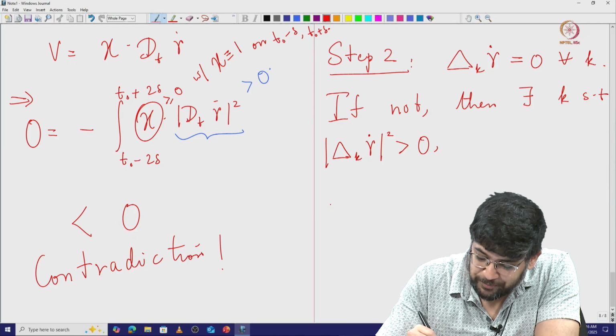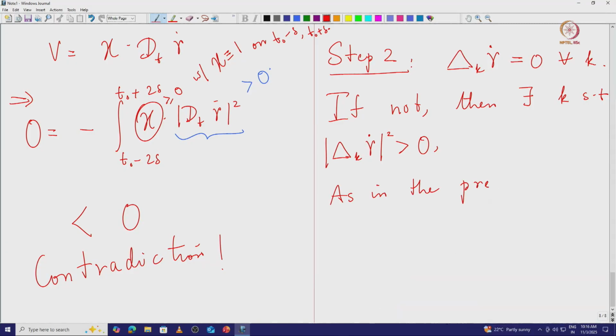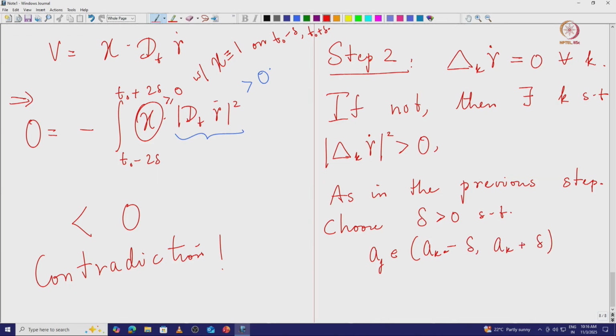But then as in the previous step, we choose a delta such that if you take a delta neighborhood around ak, then that does not contain any of the other non-smooth points for all j not equal to k.